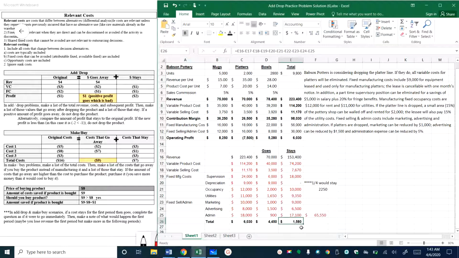In this case, you're only going to end up keeping $1,580 in profit, whereas before you were making $6,030 in profit. So even though you're making a negative profit on this, because you are making revenue on it, you don't want to drop it because you're going to be losing less costs than you would be losing revenue. So in total, you do not want to drop this line.